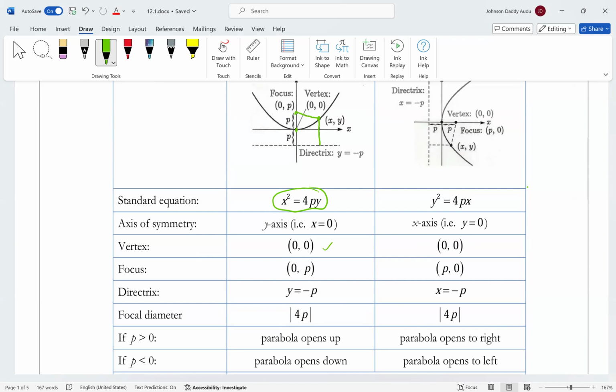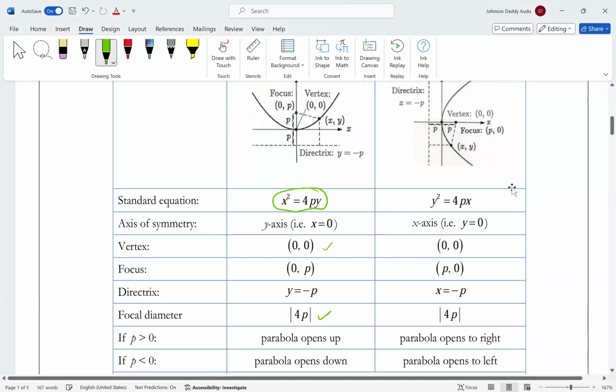And we have the focal diameter. The focal diameter is just the distance between the points where the curve passes through the line through the focus.